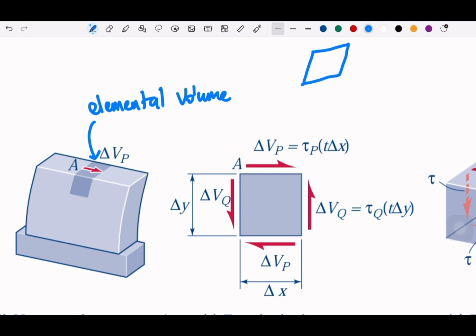Okay, so it could be deformed into something like that. But for our simplification and understanding of the formula, let's just say that this is going to happen. Okay, and let's imagine the delta is going to be small. Okay? It's going to be small. So it has some forces, but it's quite small.